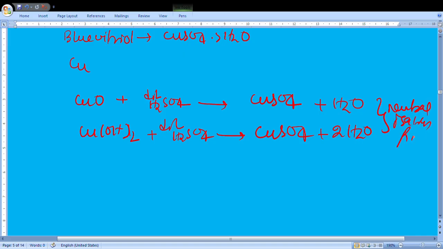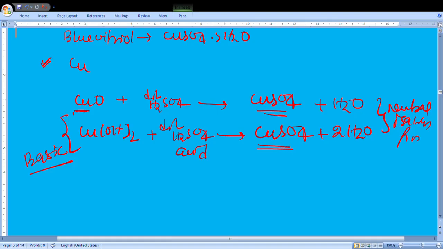Because these two, CuO and Cu(OH)2, are basic compounds, and base and acid react together to form salt and water. So this is a neutralization reaction where we have prepared CuSO4. But there is an important note to remember: copper is less reactive than hydrogen. So does copper displace hydrogen?